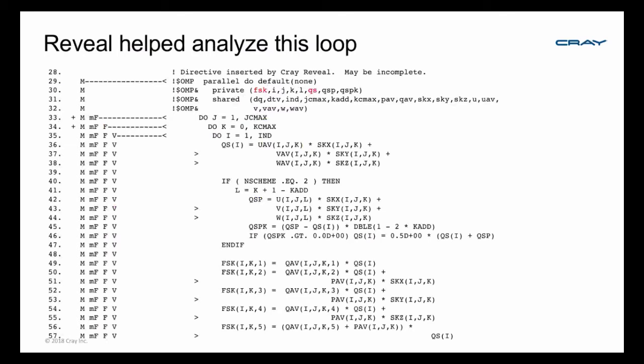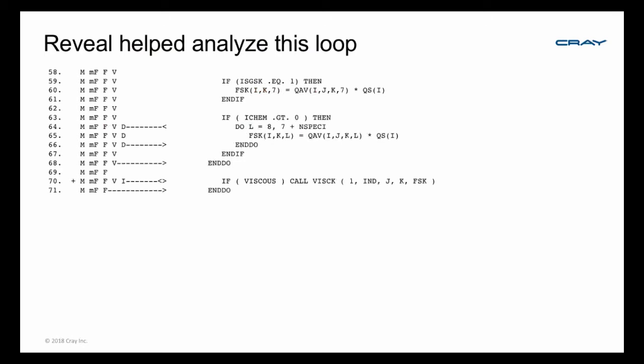And then when we inserted that by Reveal and compiled it with hlist equal a, notice that the M stands for multitasking. Little m says that this loop was multitasked. The F is flattened, and the V is vector. Okay.